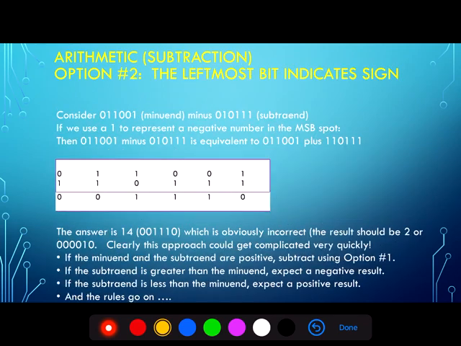The next option would be to simply represent the leftmost bit as a positive or negative number. And we might choose to represent 0 as the most significant bit, to represent a positive number, and 1 in that most significant or leftmost bit position to represent a negative number.